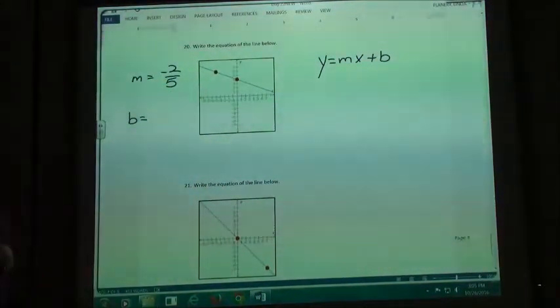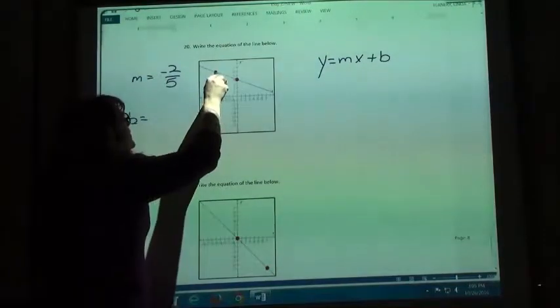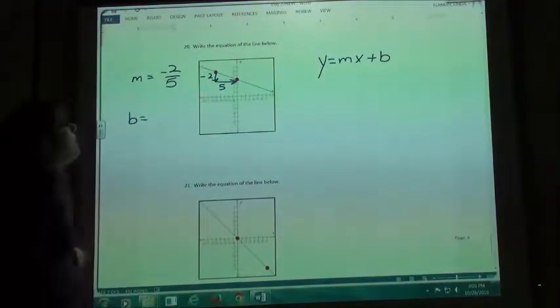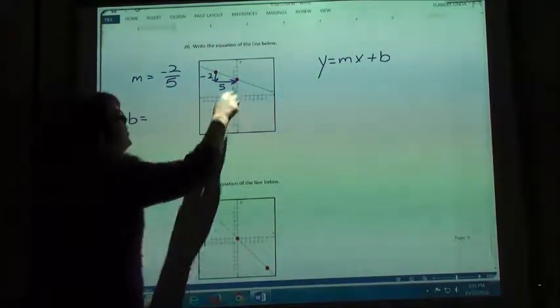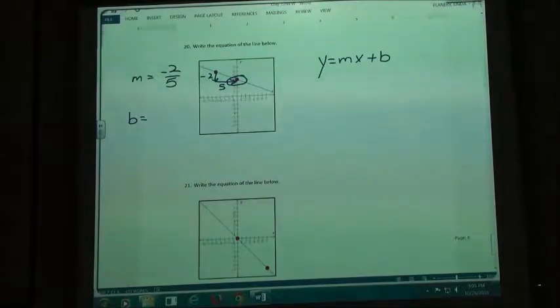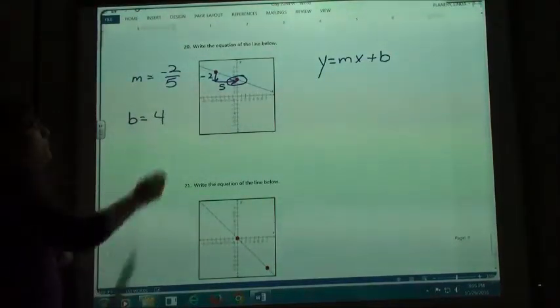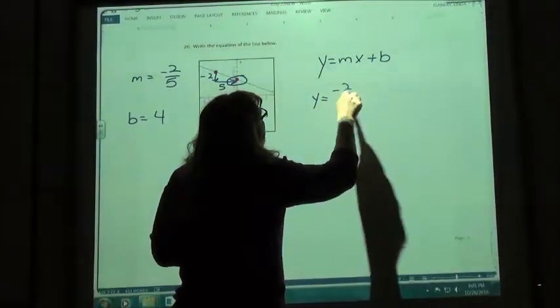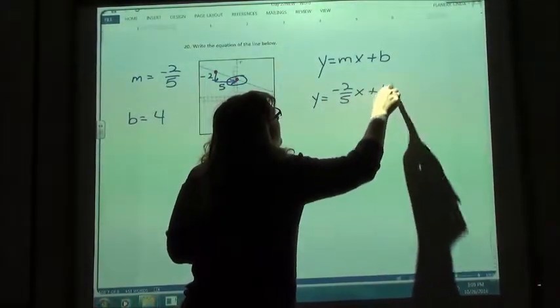So negative 2 over 5. Down 2 over 5. My y-intercept, I scribbled all over, but hopefully you can see that my y-intercept, where I'm touching the y-axis, is at 4. So the equation of that line would be y equals negative 2/5 x plus my 4.